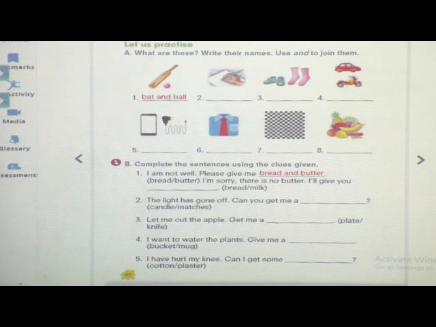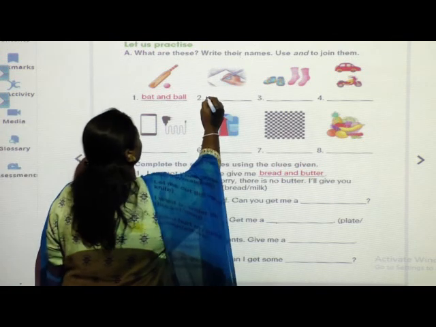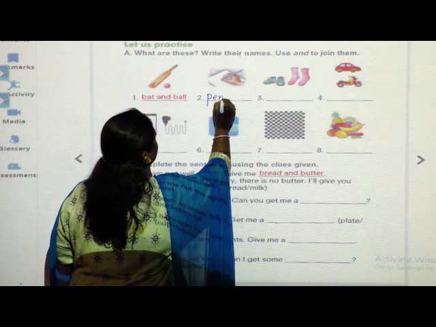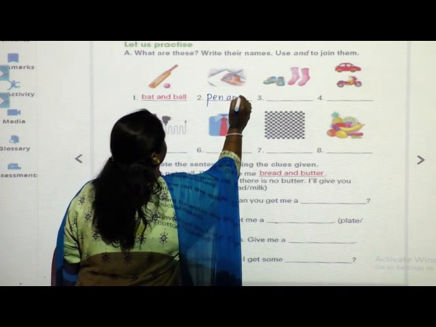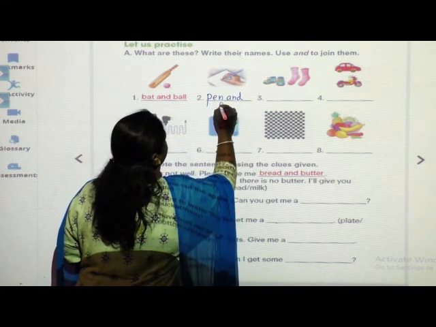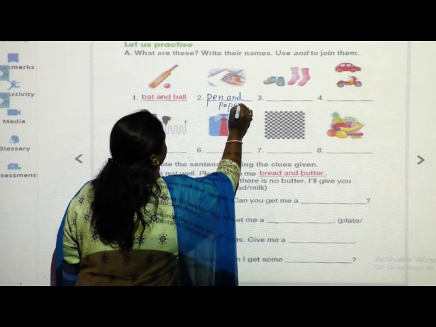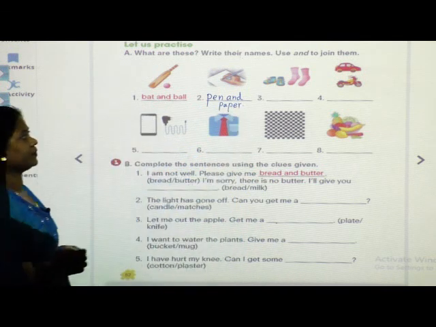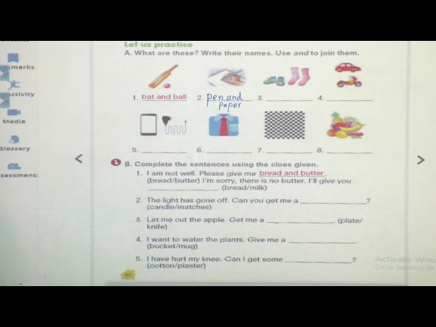The next one, there is a pen and paper. So what will you write here? Pen and paper. Pen and paper. Okay? Now let us go to the third picture to join them.